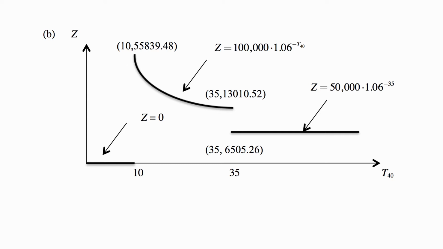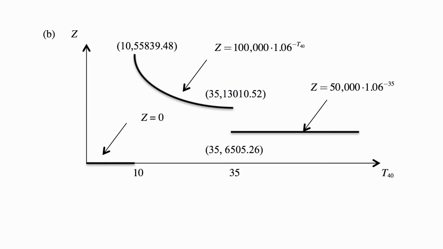Then the other end of this downward sloping curve corresponds to the death occurring just a nanosecond before reaching age 75, 35 years into the future. And if there's a death payment, then its present value is 13,010.52.